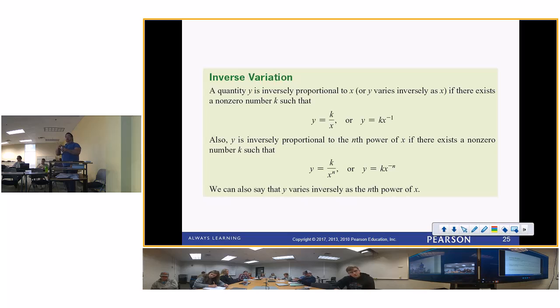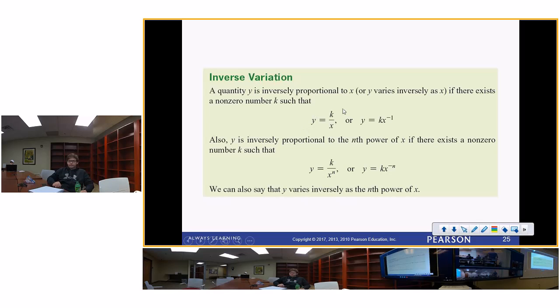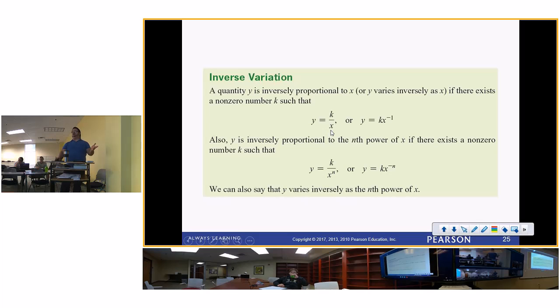But it may be a while since you've had it. Now, remember, inverse. You will see the word inverse in the problem, hopefully a whole lot better than I saw the word cube. You don't have to write down the whole thing. Just write down y is equal to k over x and y is equal to k over x to the n.